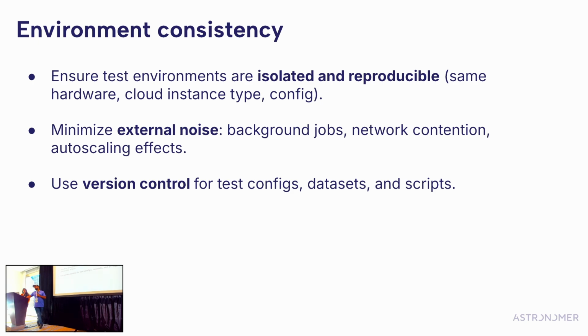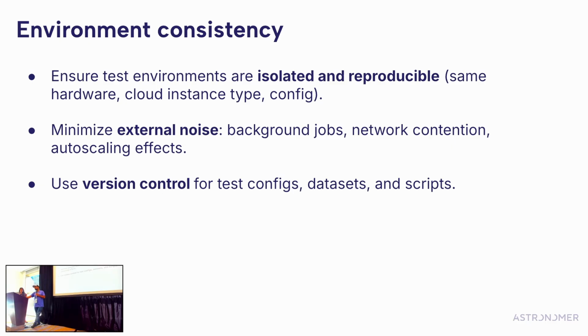On that, I would say environment consistency is also very important and related to the last slide. We should try to create an environment which is as close as possible to the prod environment, because doing this in a dev environment can have different repercussions. We could have other things, like background jobs, which might impact and not give the true results.